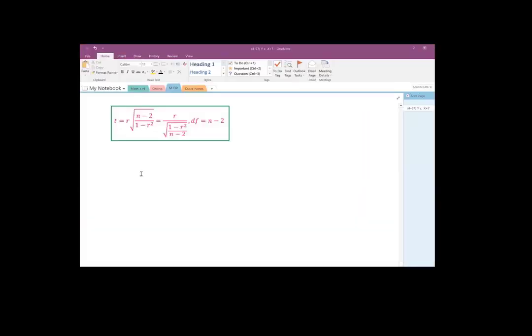If you look at these two formulas, my point being this and this one are the same. Understand what's happening here. If you look at the second one, it's r times 1 over the square root of 1 minus r squared over n minus 2.